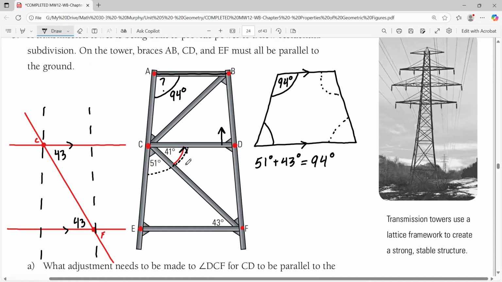Now, why can we say that this one is the exact same as the one below? The bar from E to A is on the same angle for both trapezoids. So because of that, this is just a smaller version of this one.